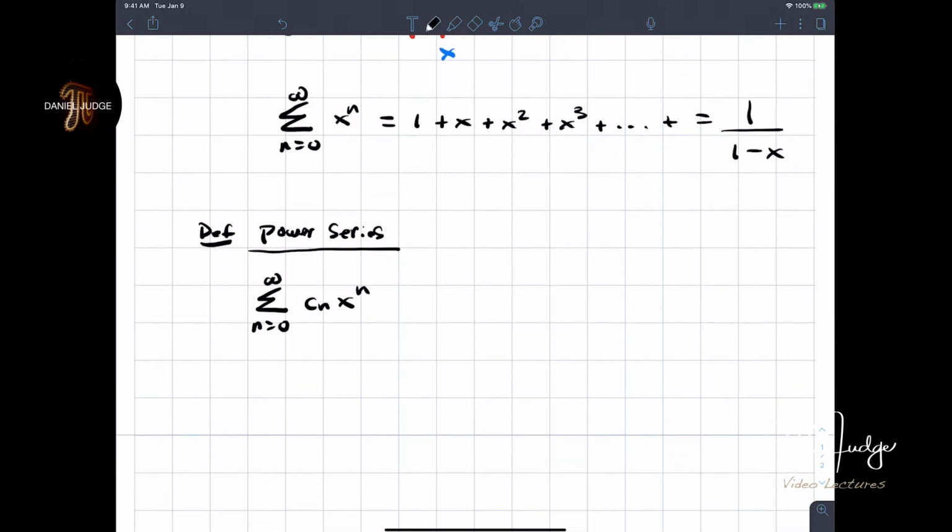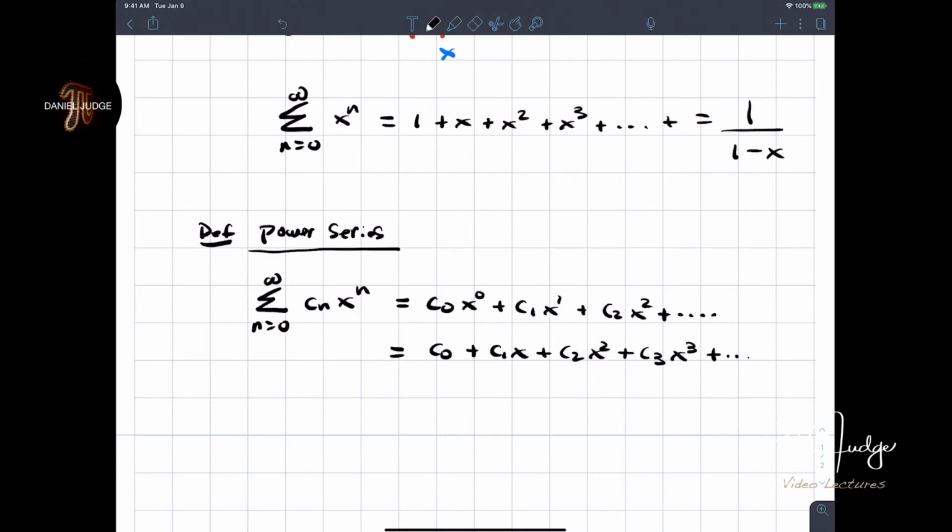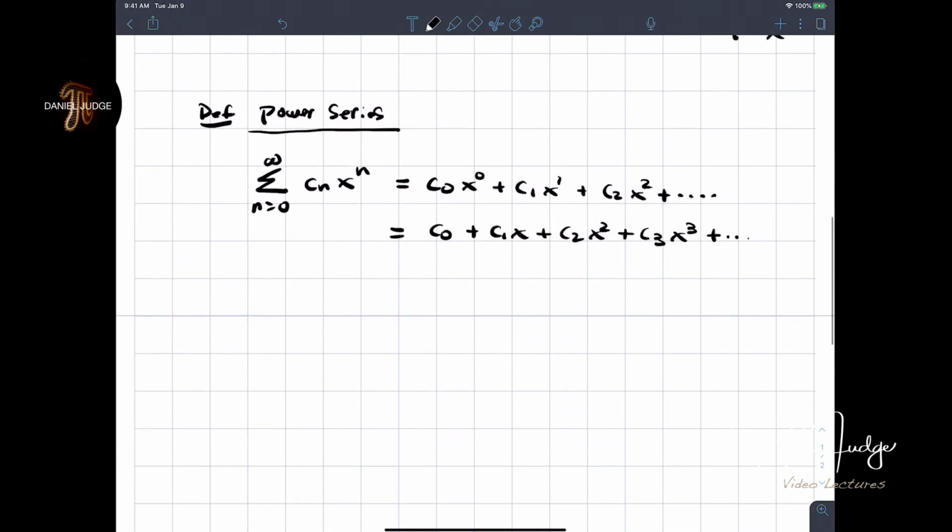And if we expand by looking at the index here, this becomes C0 x to the 0 plus C1 x to the 1 plus C2 x squared. This goes on forever. And that really becomes C0 plus C1 x plus C2 x squared plus C3 x cubed, and it goes on forever. Here's your power series.